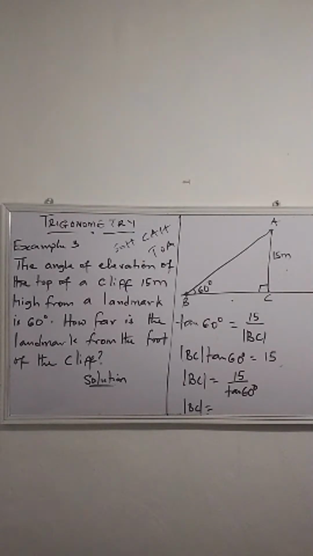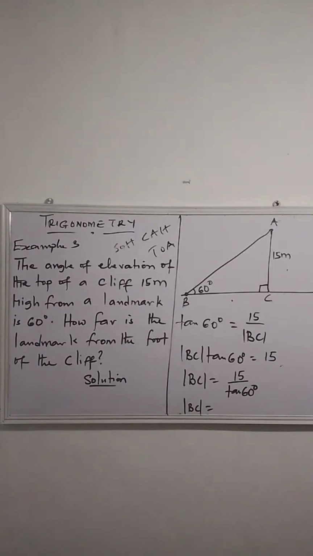Good, I can see someone giving me the answer. That's familiar, I love that. I can see Omolara, square root of 3. Anyone else? Tan 60, I've mentioned that today.